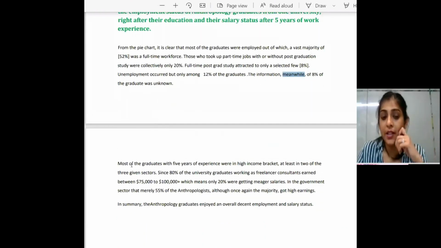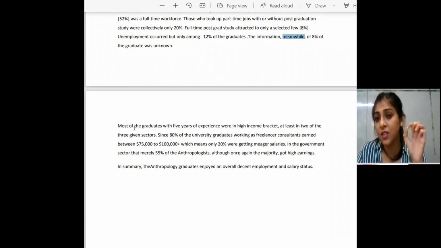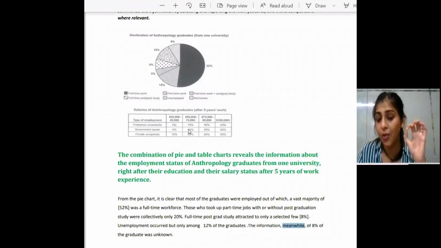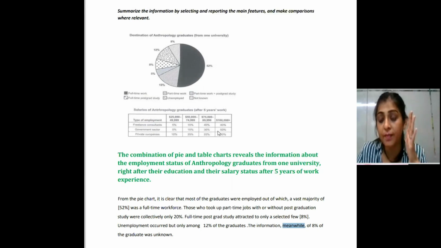Now here is once again a sentence of overview for the whole table. What could be the sentence for the overview for the whole table? When I simplify the view, for example, by dividing it into two categories like high income earners and low income earners, what did I say? I told you that the majority of them were high income earners.